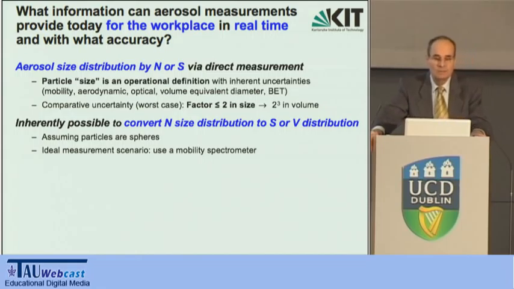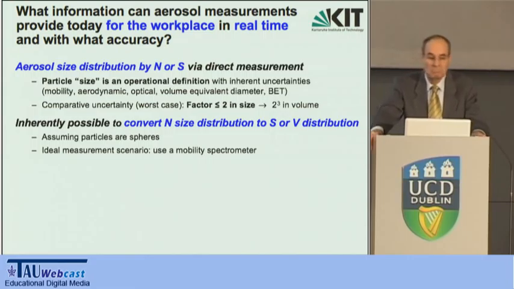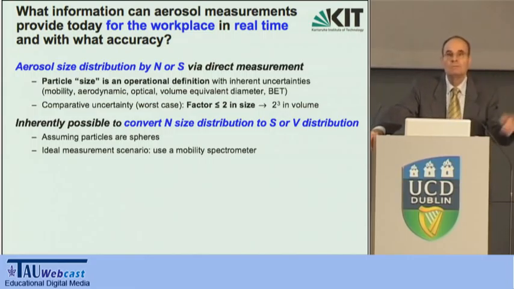You do realize that if you have a highly resolved measurement of, let's say, nanoparticle size distribution, a highly resolved measurement with some kind of a mobility spectrometer, you can convert the number distribution to surface or volume distribution. Assuming the particles are spheres, so again you introduce some uncertainty there.